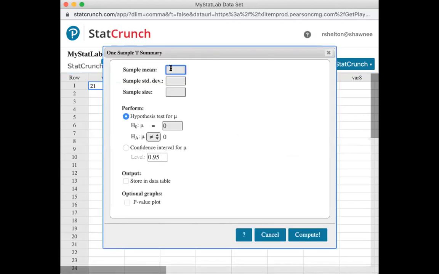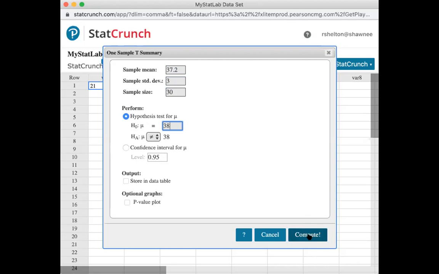Sample mean was 37.2. Sample standard deviation, it told us that it was 3. Hypothesis test, sample size was 30 because they changed it, right? And mu was 38. It was saying country A was 38 and perform the test.